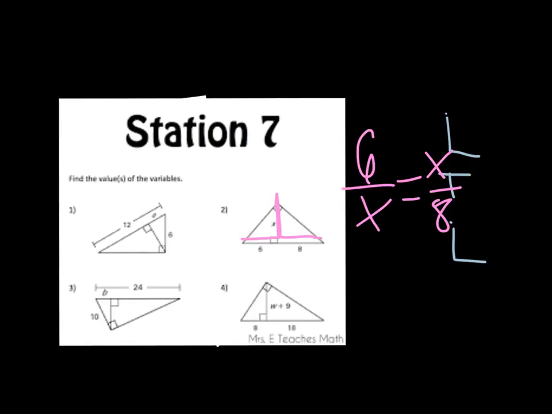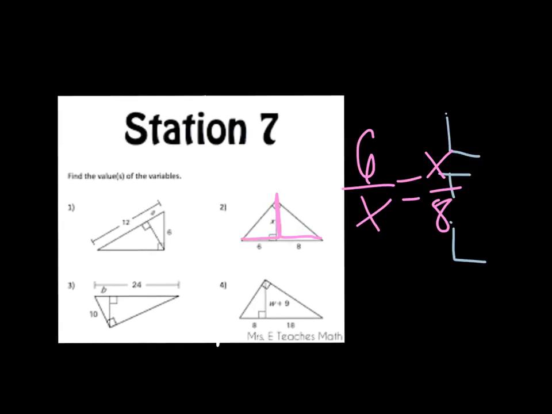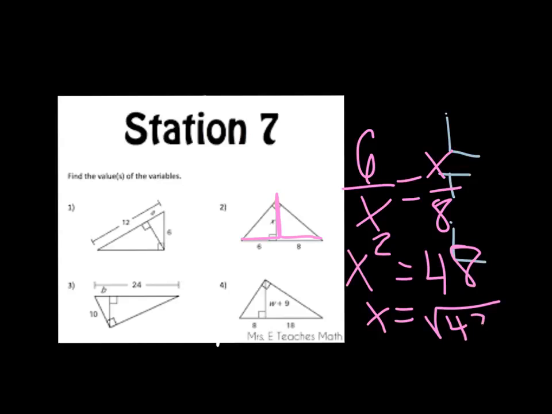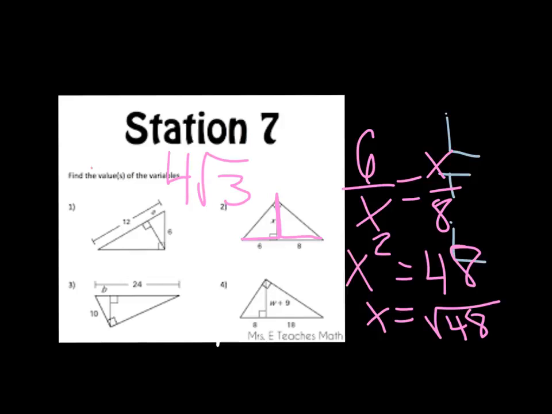So x times x is what? It's x squared equals 48. And x equals the square root of 48. Obviously, we can simplify that. The square root of 48 is just 4 root 3. So that's what x equals.